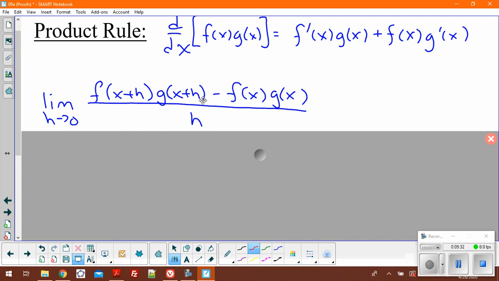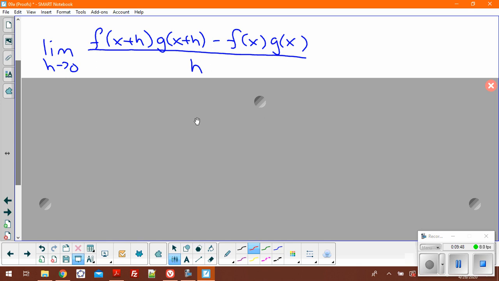Now, because I'm doing this in general, it doesn't look like I can do much here. But the idea is we're going to try to split this so I can get to f of x plus h minus f of x and g of x plus h minus g of x separately so I can find the derivatives in here. So this one requires a little bit of a quote-unquote trick.